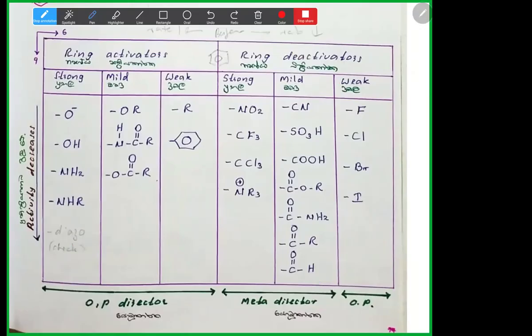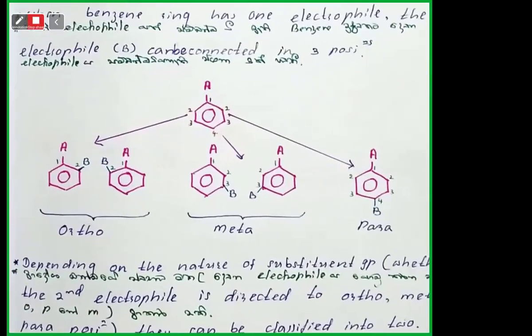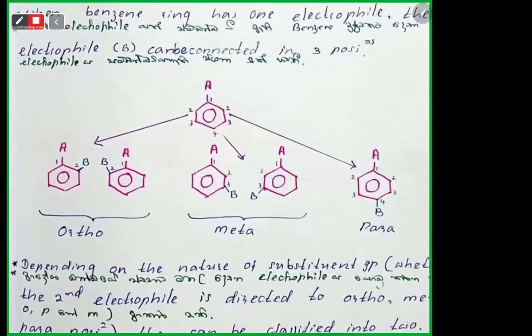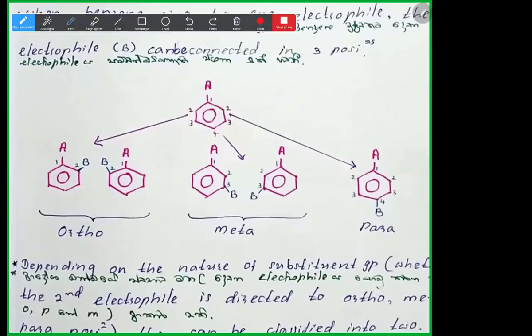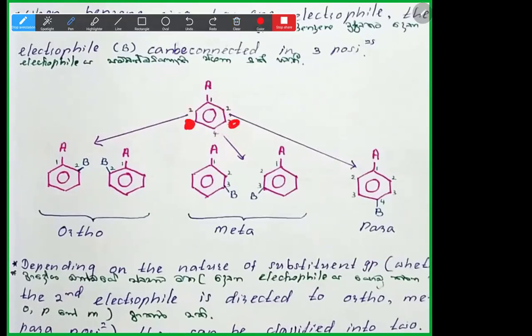Then we look at which position they can join. There are three different positions, but we categorize them into two. This is ortho and this is para. To the ortho position or para position, one single group can join, and then these two are meta. If they activate ortho and para, the second group goes to ortho and para.